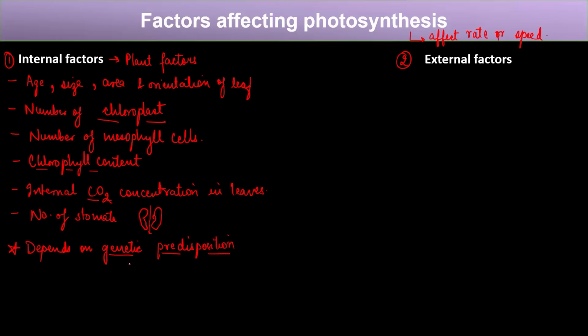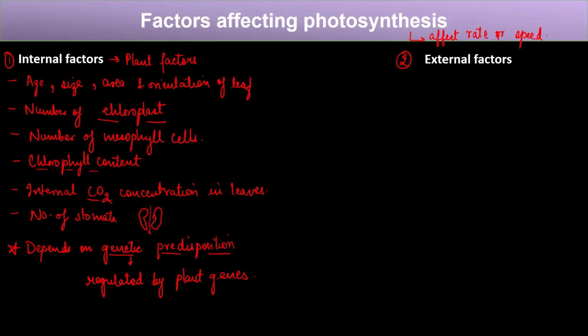So this photosynthesis also, all these internal factors depend on genetic predisposition, or they are regulated by genes. They are regulated by plant genes. Okay, so these are the internal factors.